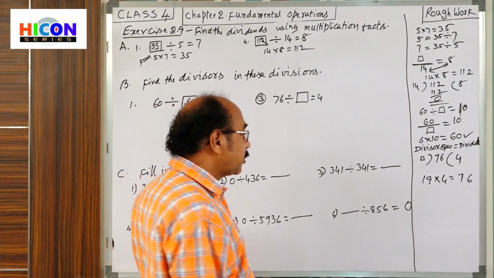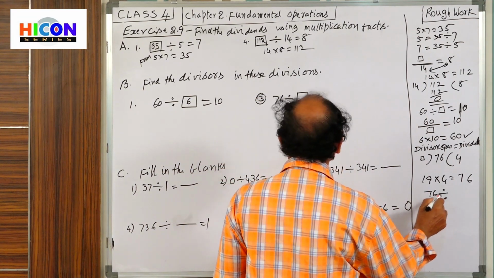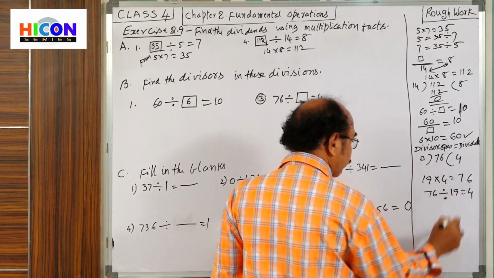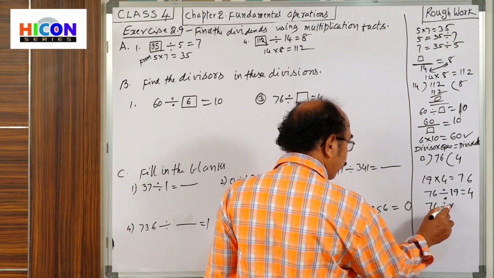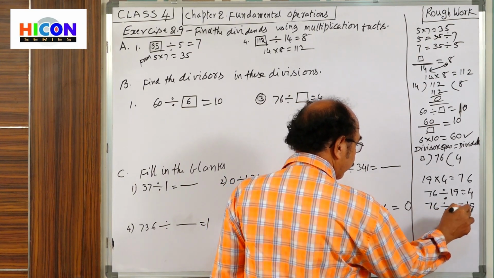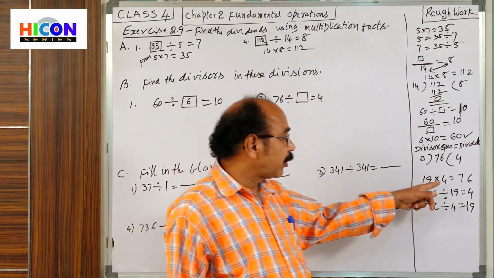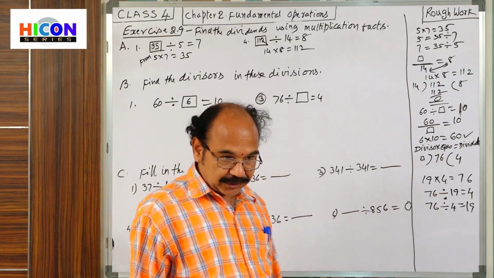So when 76 is divided by 19, we can get 4. When 76 is divided by 4, we can get 19. That means from each multiplication fact, we can write 2 division facts.